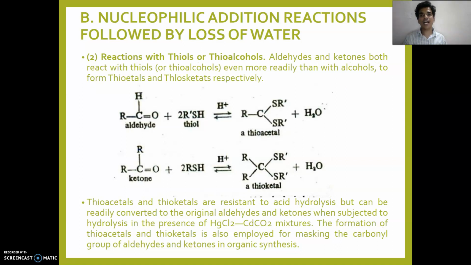The next reaction is with thiols. Aldehydes and ketones both react with thiols, even more readily than with alcohols, and form thioacetal compounds. Acetone, a ketone, or an aldehyde gives the thioketal or thioacetal depending upon the carbonyl compound. Thioacetals and thioketals are resistant to acid hydrolysis, but can be readily converted to the original aldehyde and ketone when subjected to hydrolysis in the presence of a specific compound such as cadmium chloride or other heavy metal compounds.